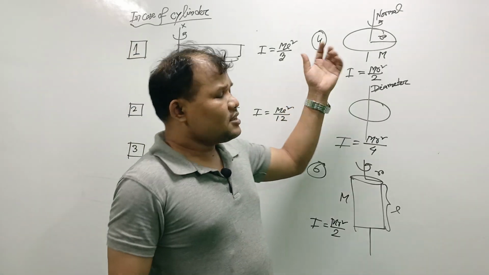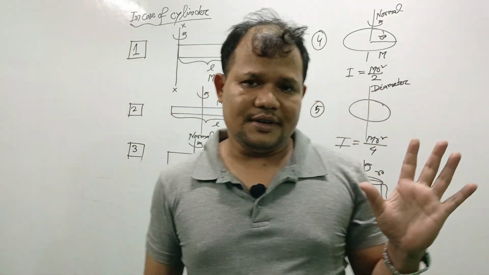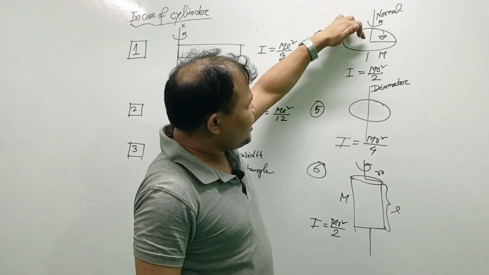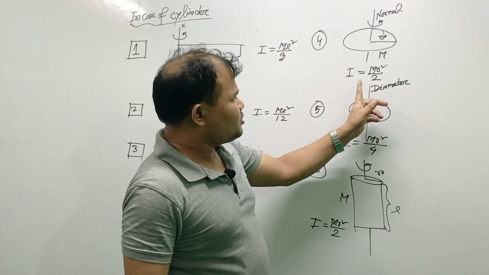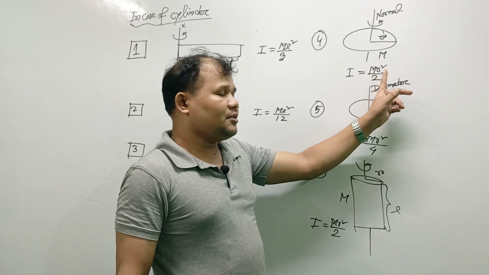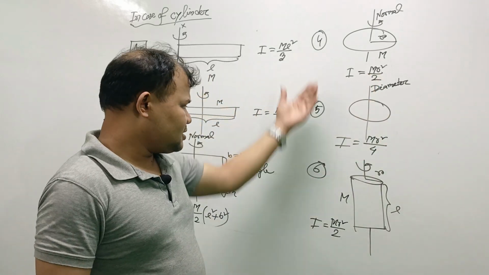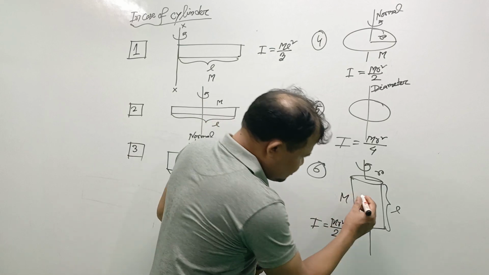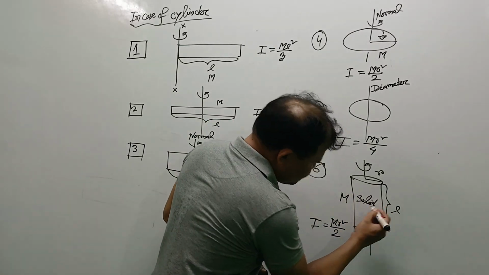In case of the uniform circular disc, if the rotational axis passes through the mid side and is normal, then the moment of inertia will be I equal to M R square divided by 2. This is the same in case of the solid cylinder. Try to understand, this is solid.